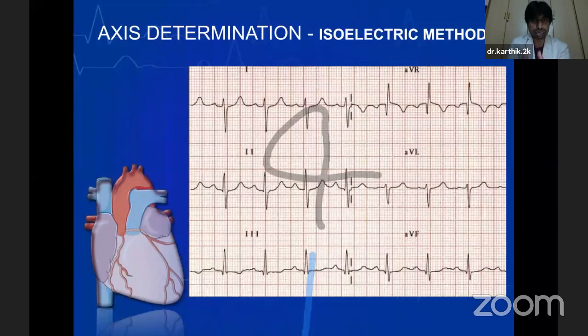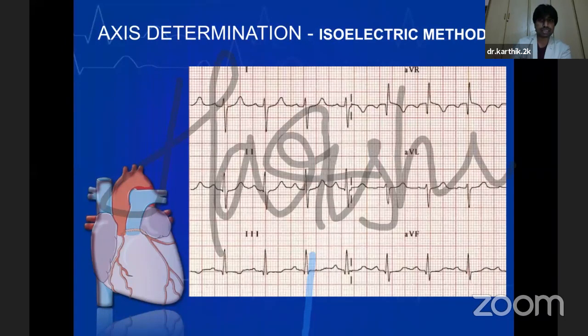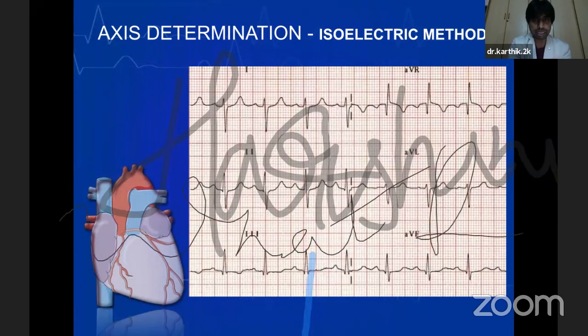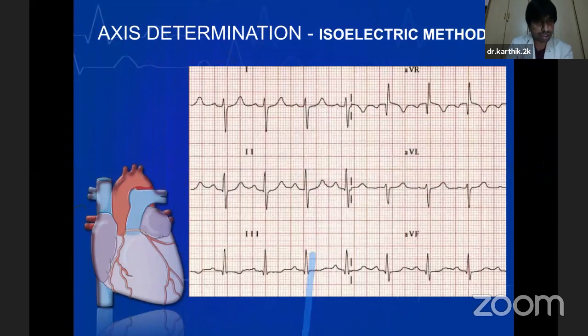So we have the remaining leads 3 and AVF, which are the right axis leads, and the other leads 1 and AVL, which are the left axis leads. When you group these into two sets, you can see that leads 3 and AVF are predominantly positive, whereas 1 and AVL are negative. So the axis is more towards the right. It is a right axis deviation.